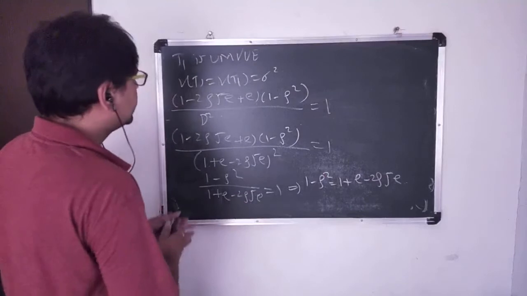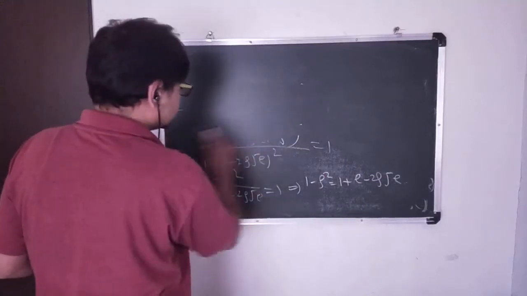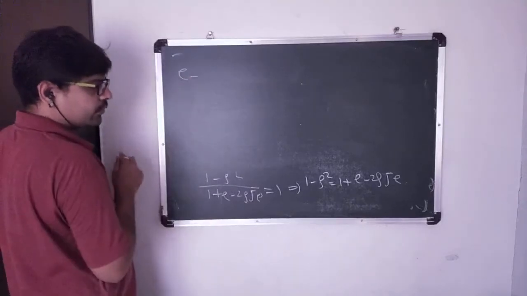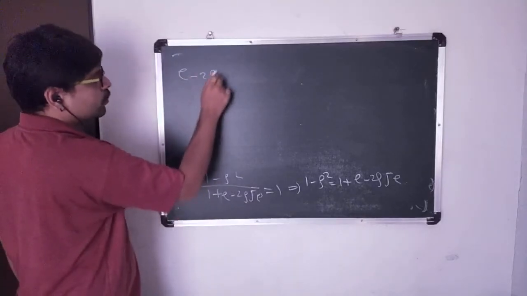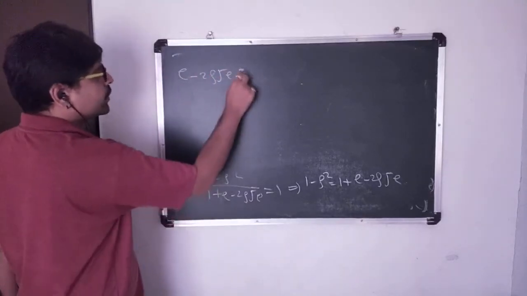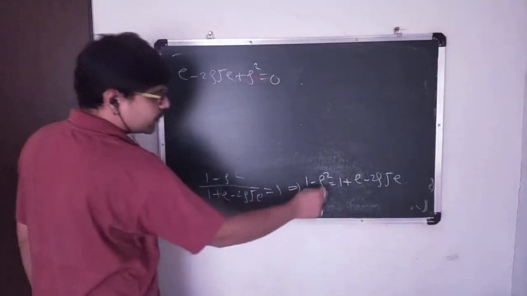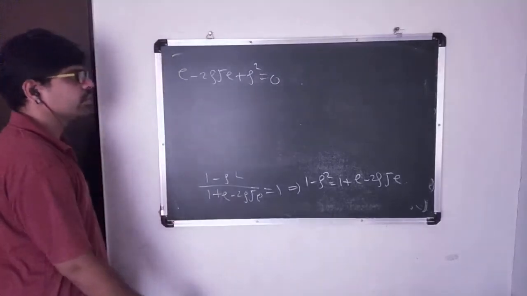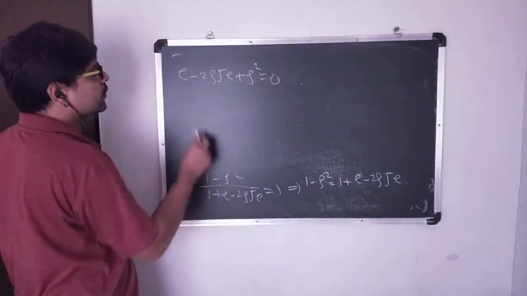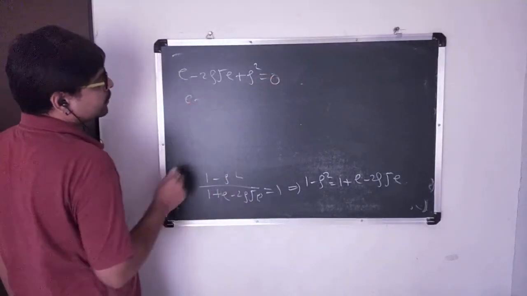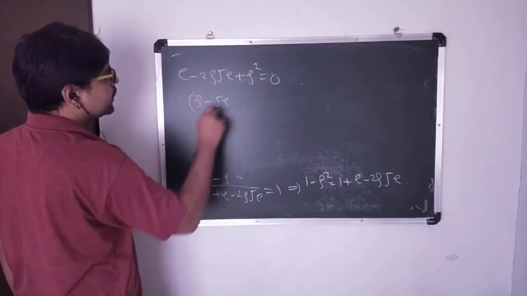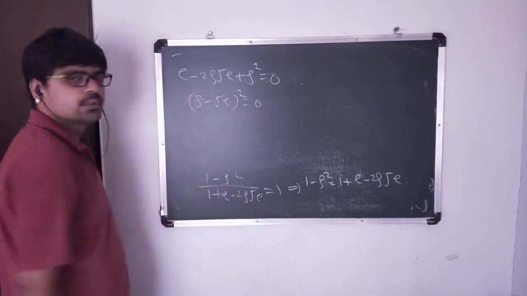So this is equivalent to e minus 2 rho root e plus rho square is equal to 0, which is rho minus root e bracket square is equal to 0.